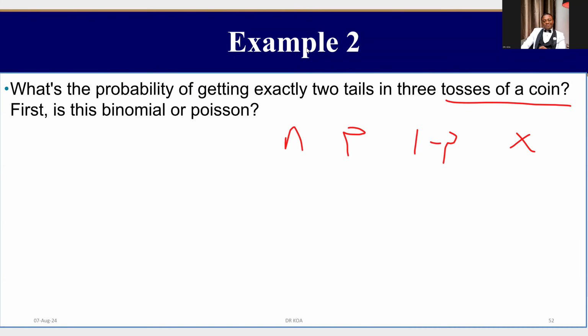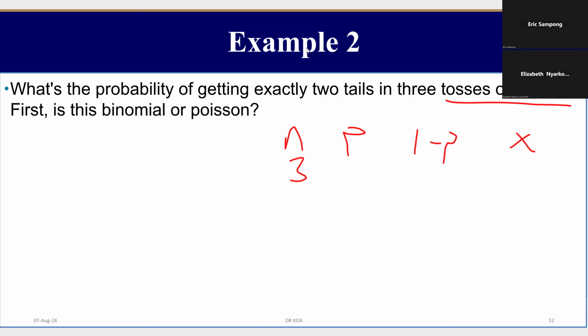So n is what? Eric. Please, 3. n is 3. What is p? p is 0.5. Exactly, because you are still tossing a coin. Okay, so 0.5.